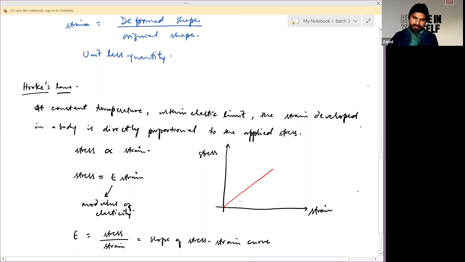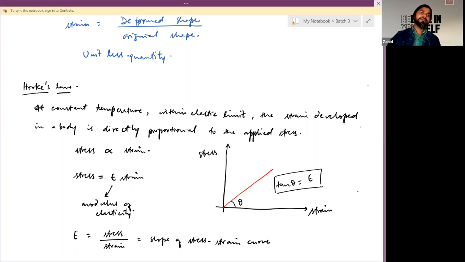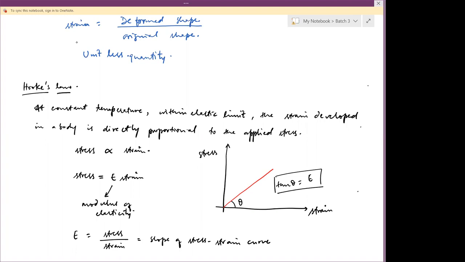If there is an angle theta, then tan theta of this curve will give you the value of the modulus of elasticity. Is it clear, Abhinav? Yes, sir. Clear, sir. Okay.